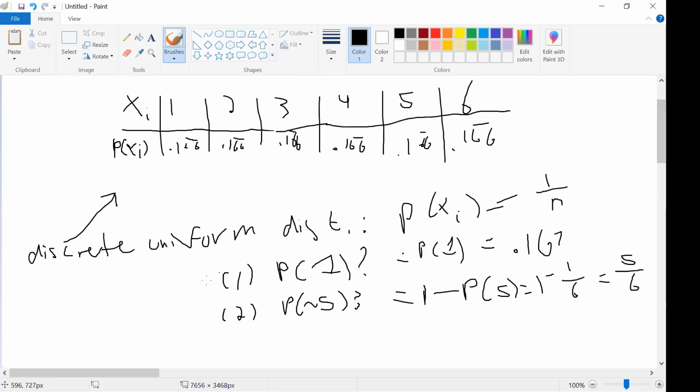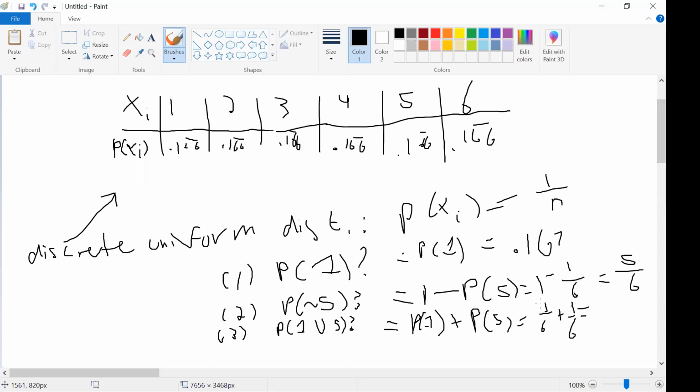Now, let's suppose I asked you what is the probability of rolling a 1 or a 5? Well, we recall from our notation that's equal to the probability of rolling a 1 plus the probability of rolling a 5. So 1/6 plus 1/6.